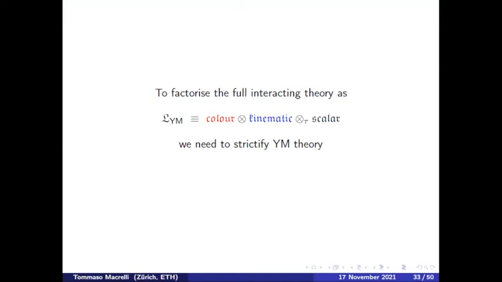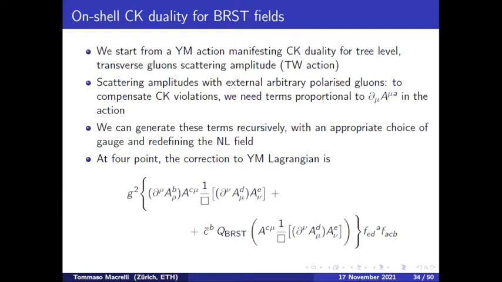On one hand, for practical reasons, we have a notion of tensor product between strict homotopy algebras. We want to work with strict homotopy algebras. On the other hand, color-kinematic duality and double copy are actually tied with cubic reformulation of the theory. This is just an observation.